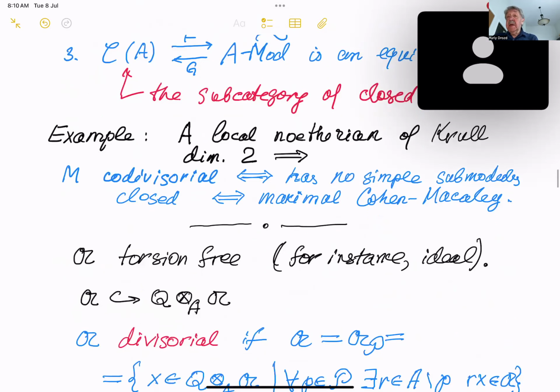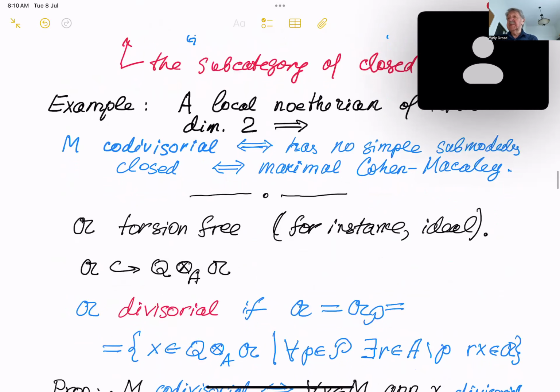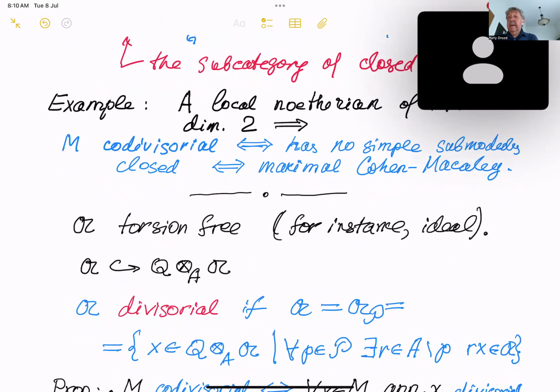Now suppose that A is a torsion-free A model, for instance, an ideal of A. Then it embeds in its rational envelope, the tensor product with this ring of quotients.